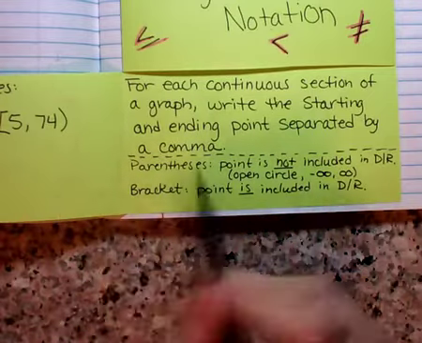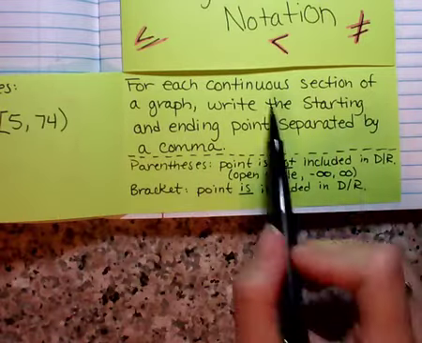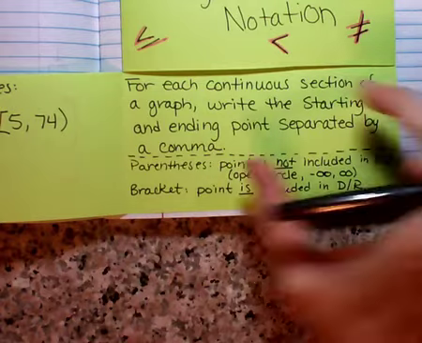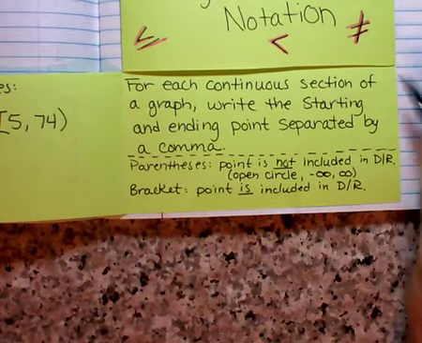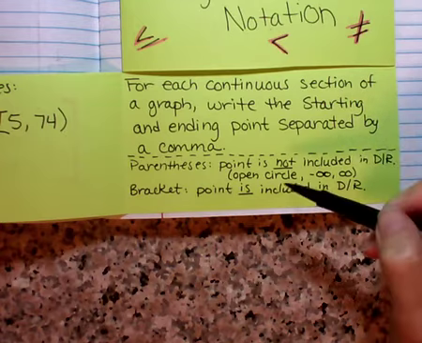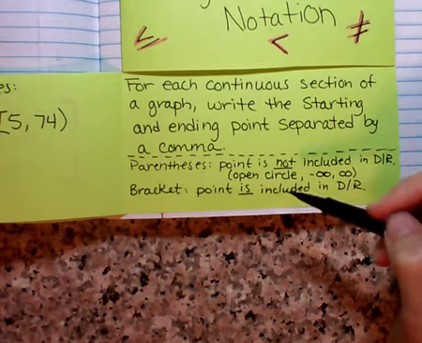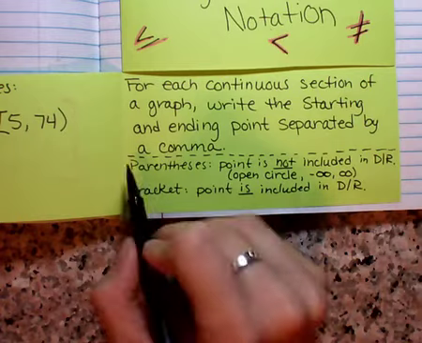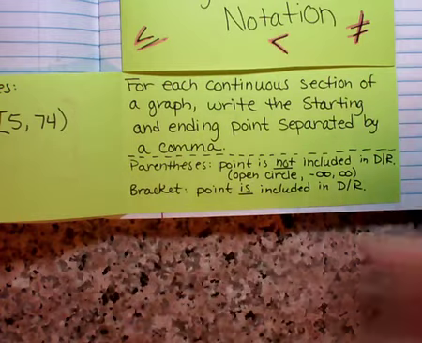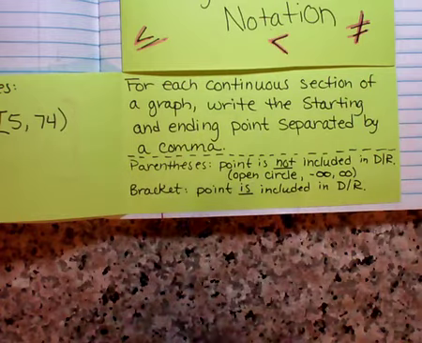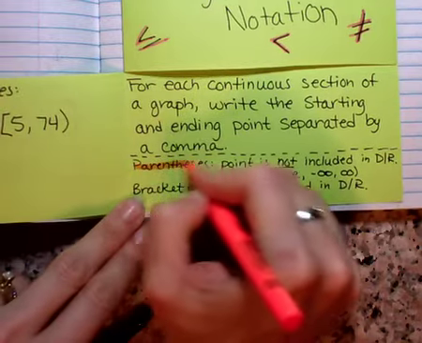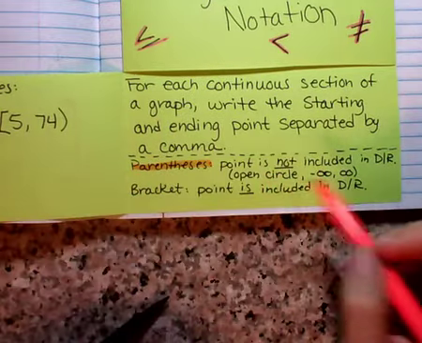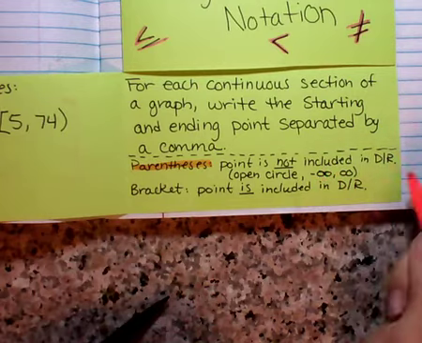So to use interval notation, we would say for each continuous section of the graph, that means each section that we have a line connecting points together, we write the starting and ending point separated by a comma. And then I went ahead and I put this little dashed line in, or a solid line, draw something there that will help you remember that we use parentheses if a point is not included in the domain or range.